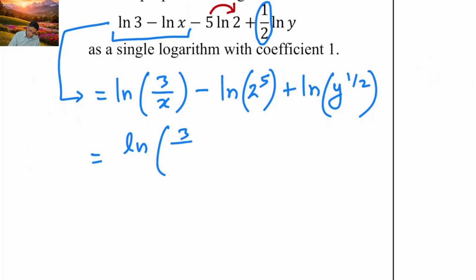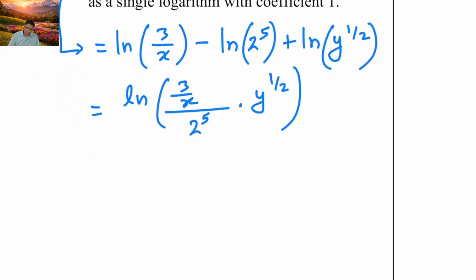So you will do the usual stuff. Ln a minus ln b would be ln a divided by b, and plus would be multiplication times y to the power half. So where there is negative coefficient, that divides. When there is a plus, you multiply. Product rule and quotient rule.